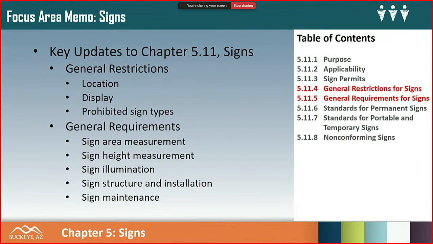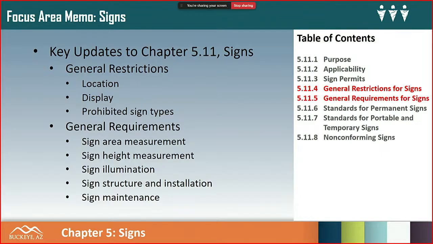We also reorganized the sign standards that apply generally, and we've created two categories here: the general restrictions for location, display, and prohibited sign types, and then general requirements. So instead of having sign area defined in the definitions, or sign height defined in the definitions, we've inserted new illustrations and included this in this general requirements section right up near the beginning of the code.